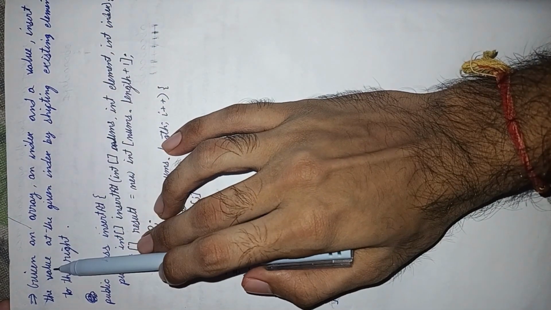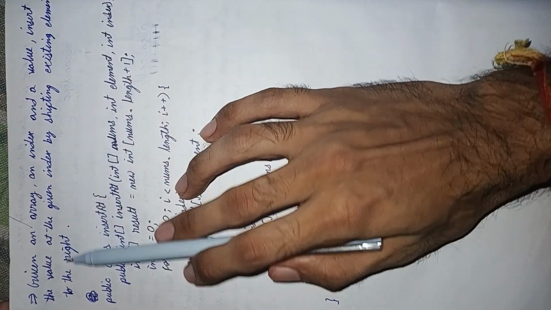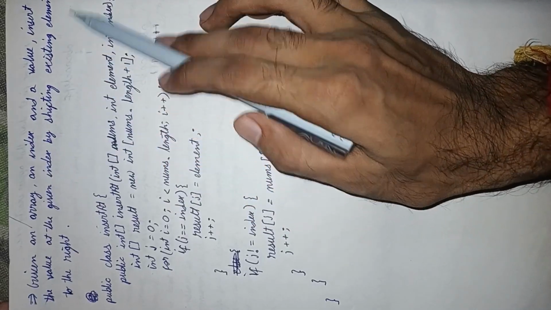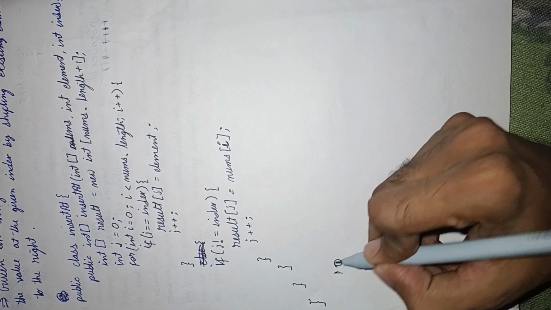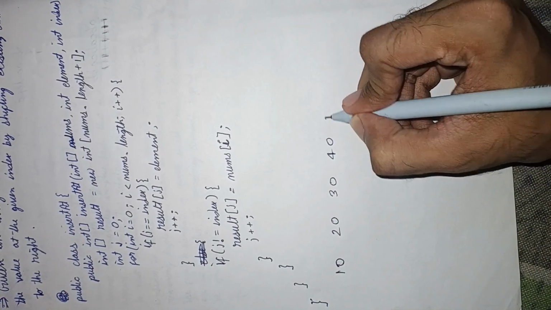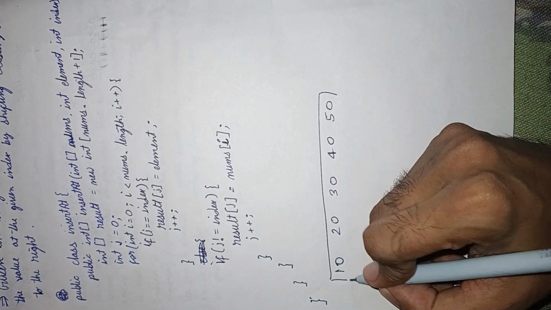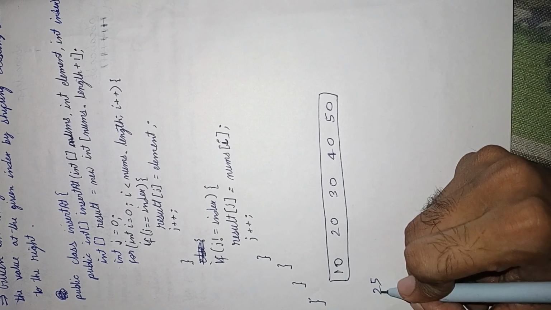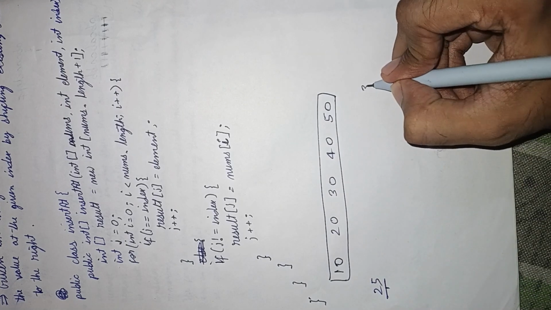Okay, here we have a problem. Given an array, an index, and a value, insert the value at the given index by shifting existing elements to the right. It means if we have an array 10, 20, 30, 40, and 50, this is a pre-existing array we have. Now suppose we got an element 25. We need to insert this at index 3.